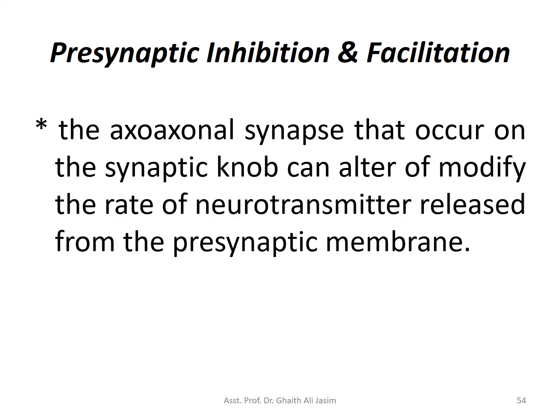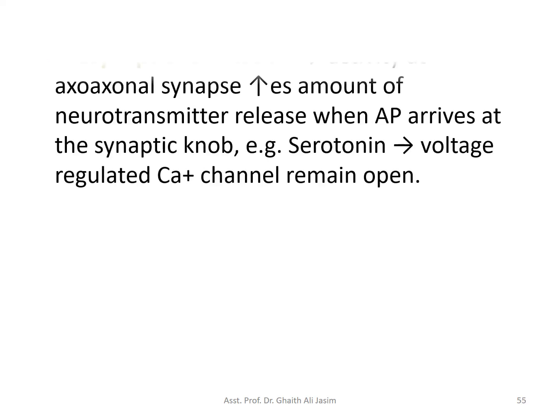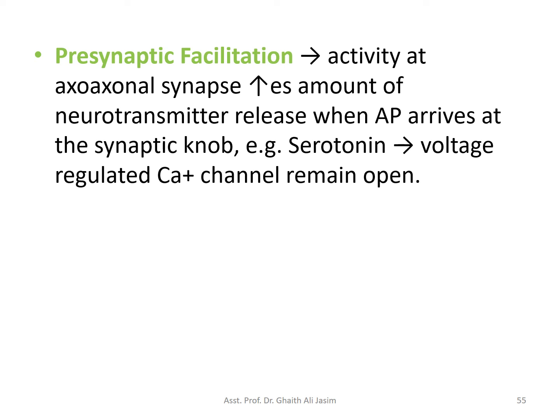Another subject regarding presynaptic inhibition and facilitation. Here, the axo-axonal synapse that occurs on a synaptic knob can alter or modify the rate of neurotransmitter released from the presynaptic membrane. For example, the presynaptic facilitation activity at the axo-axonal synapse increases the amount of the neurotransmitter released when the action potential arrives at the synaptic knob.